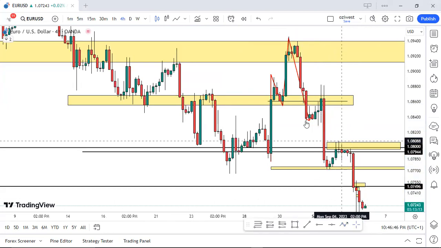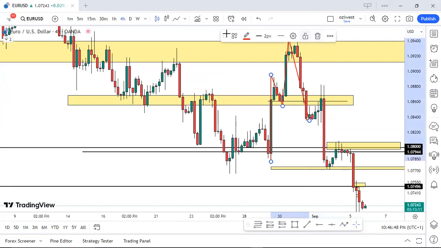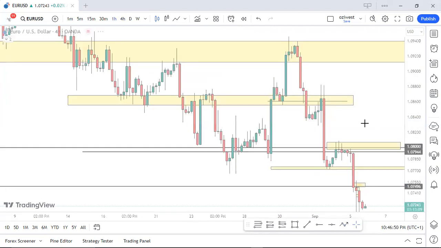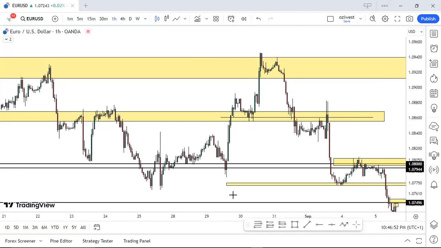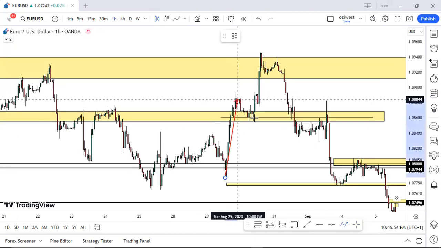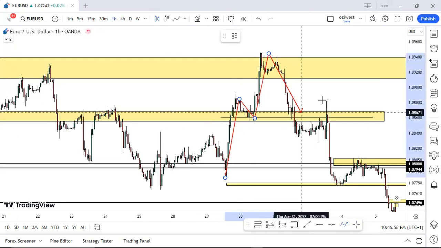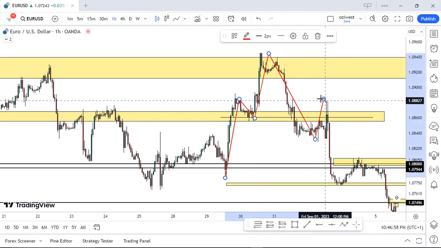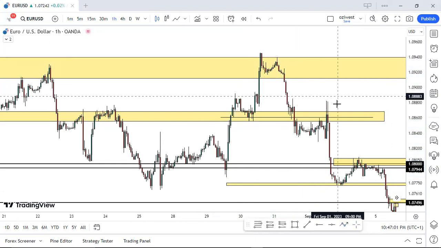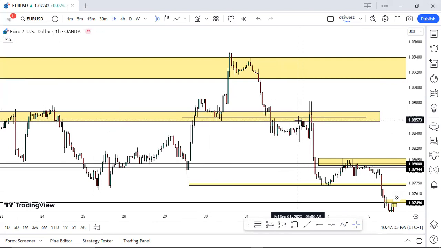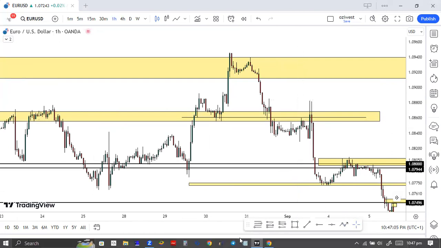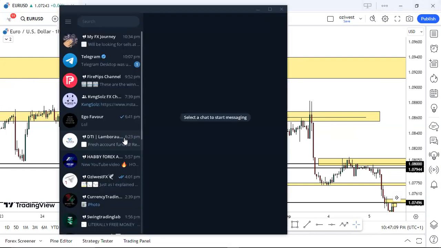So when we go to the 1-hour time frame, you also notice here on the 1-hour time frame, price gave this head and shoulders pattern, and we've been calling sells here on EUR USD since last week. Let's go to the Telegram channel.